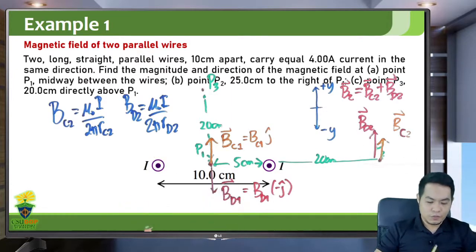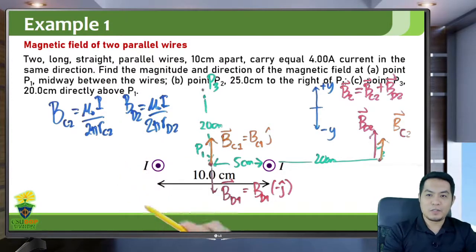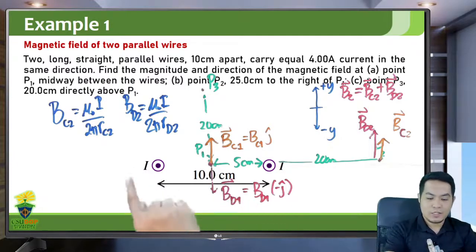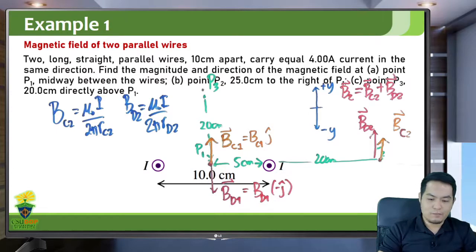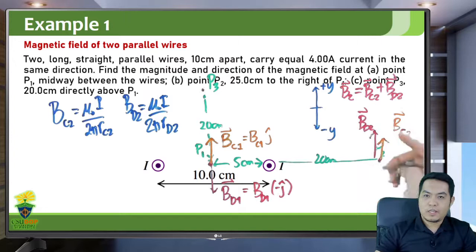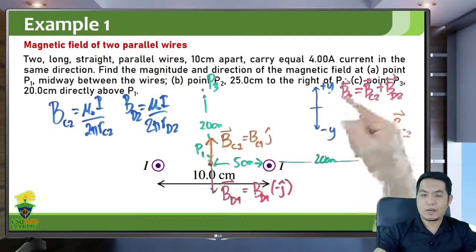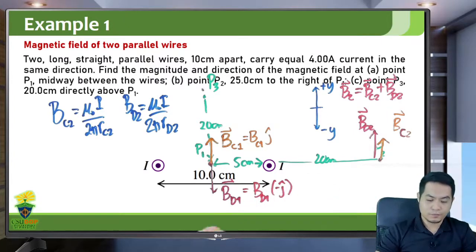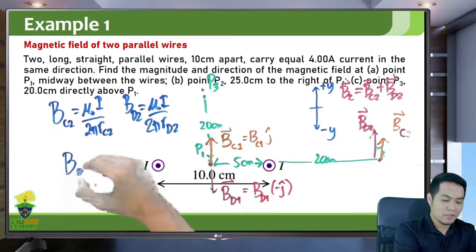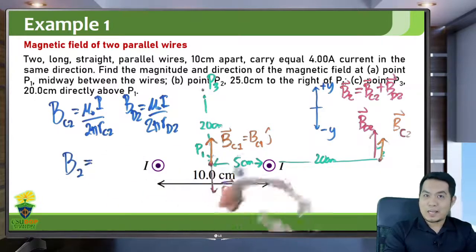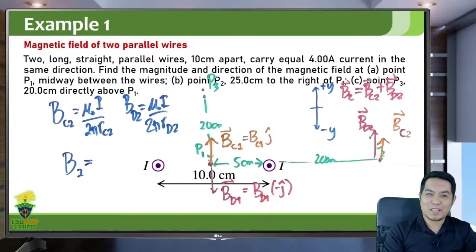So you substitute the values. I is 4 amperes, RC2 is 30 centimeters, RD2 is 20 centimeters. And then you add the two vectors. In this case, you just add the two magnitudes because they have the same direction. No need to subtract. Please recheck this, because as a rule, you need to recheck all of my calculations.